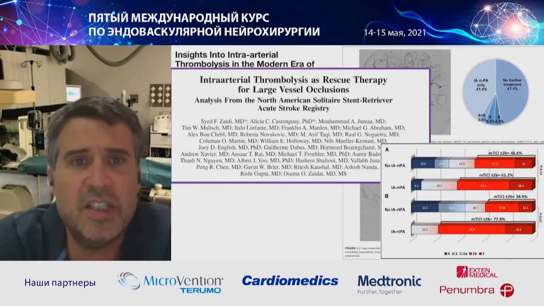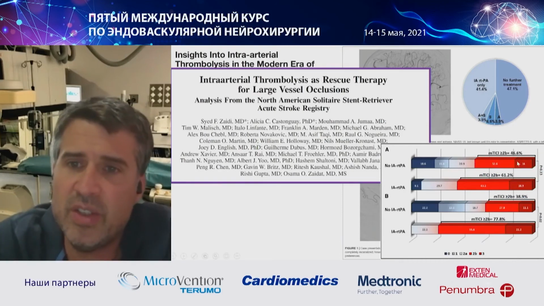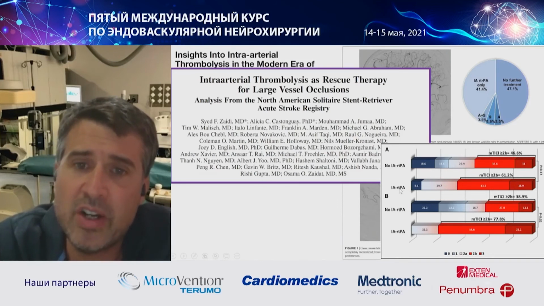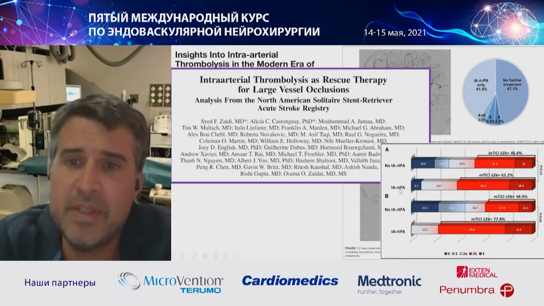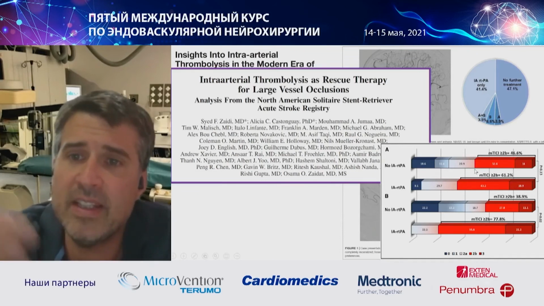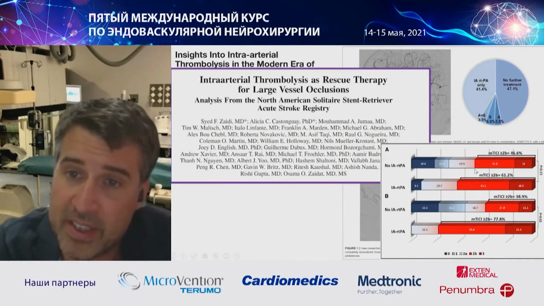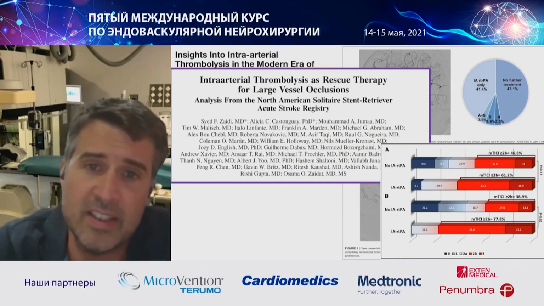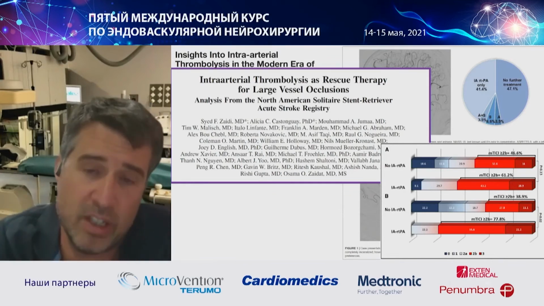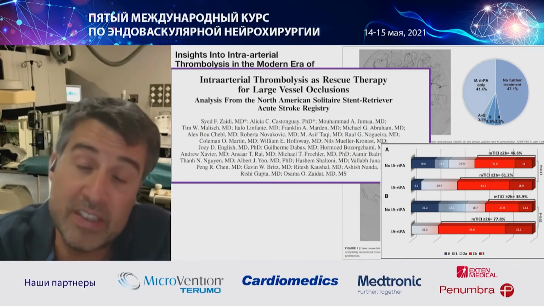From the NASA registry, you can see that the patients in whom intraarterial rescue TPA was given achieved even higher rates of complete recanalization, and this is encouraging. But we don't know if it's safe enough.